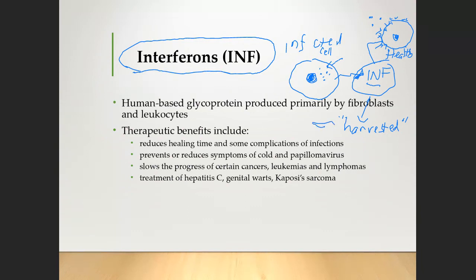For example, it is used as an injection. It is injected into a healthy human in order to prevent them from getting some diseases. An example is if a doctor or a nurse is taking care of a hepatitis B patient, sometimes they get an interferon injection in order to prevent hepatitis B infection.